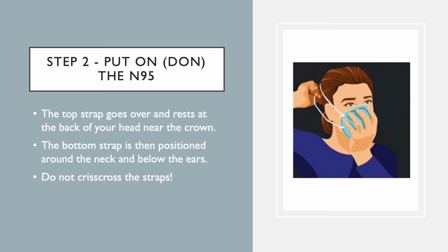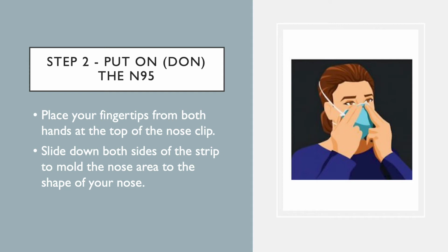It's important that you remember to not crisscross the straps. Place your fingertips from both hands at the top of the nose clip and slide down both sides of the strip to mold your nose area to the shape of your nose.